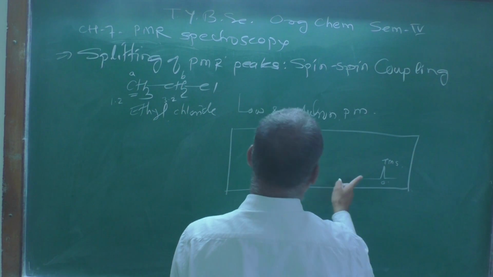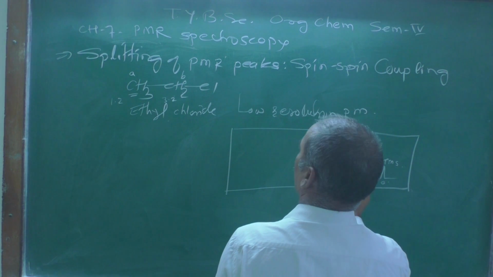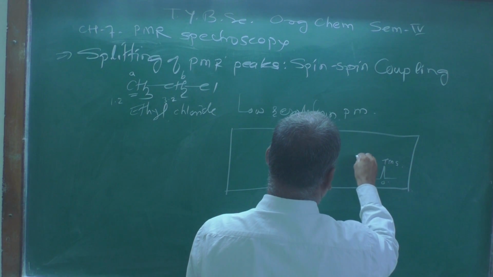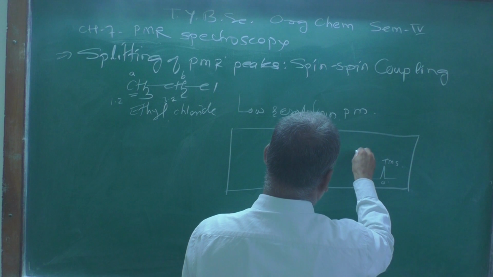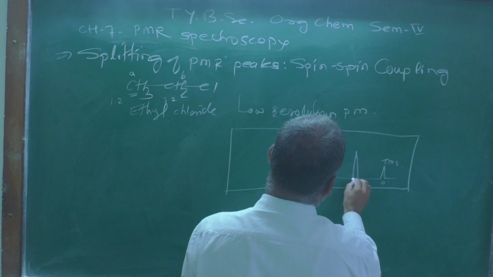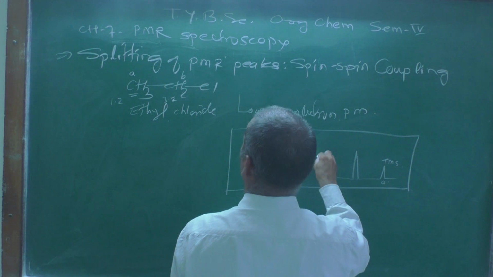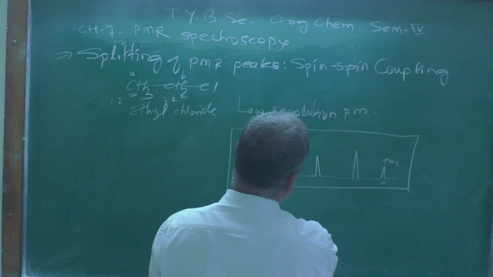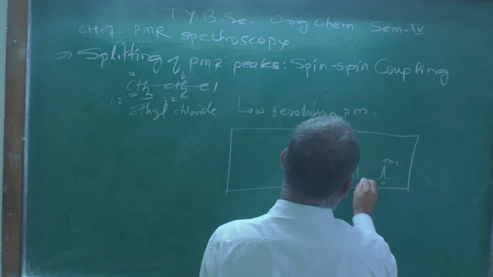The peak observed at the methyl group, which is near about 1.2, is due to the 3 protons, and after that the peak due to the methylene protons, which is at 3.2.